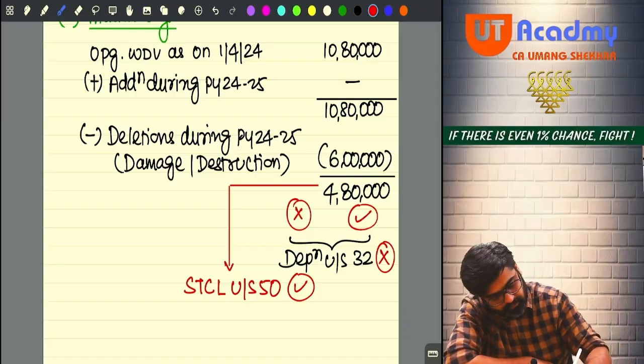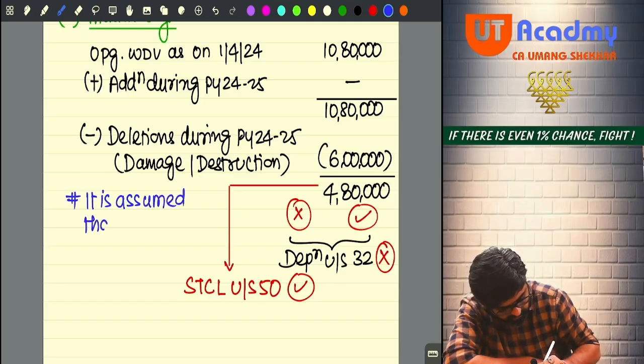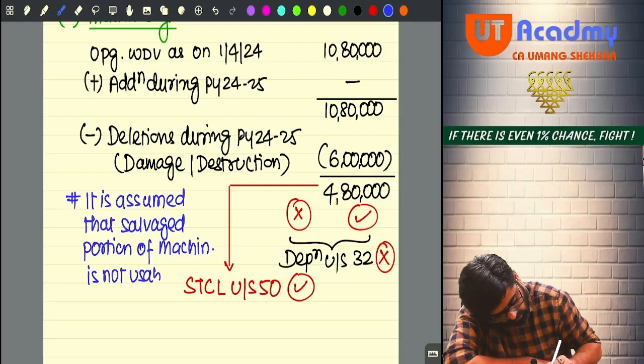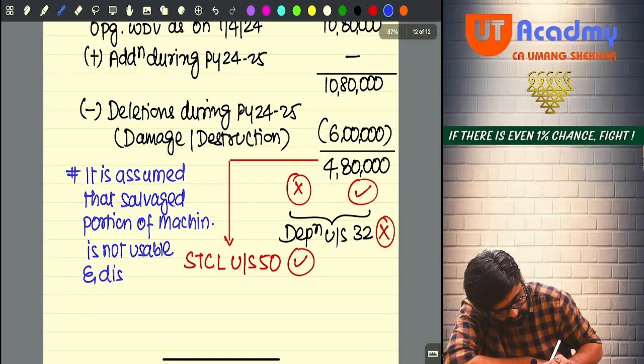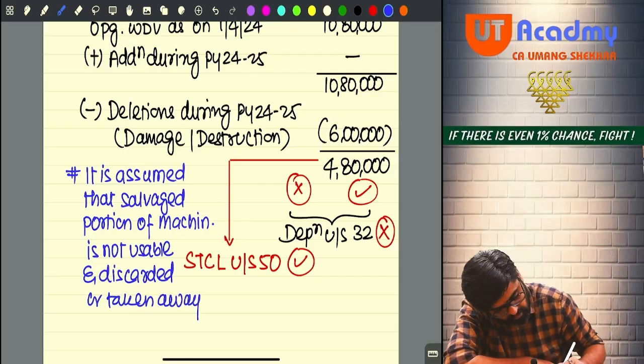And I will write down: it is assumed that salvaged portion of machine is not usable and discarded or taken away by insurance company.